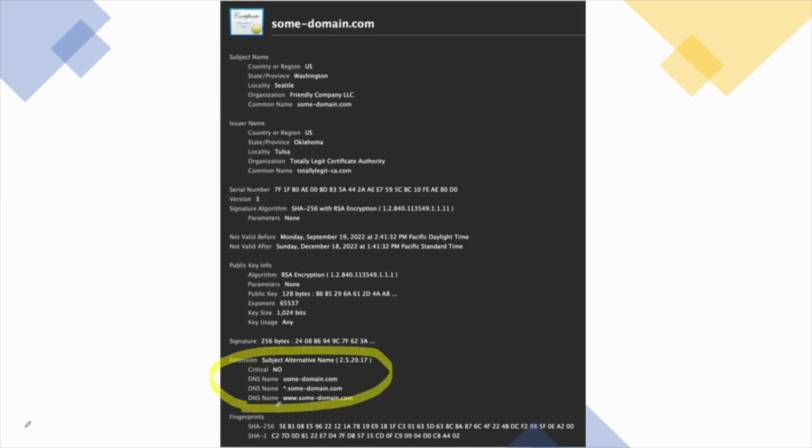The third case happens when the domain name does not match the certificate. Modern certificates use the subject alternative name, or SAN, to define which domain names the certificate is valid for. In this example, the certificate only protects the 3 domains listed in the SAN. One of them is a wildcard certificate.